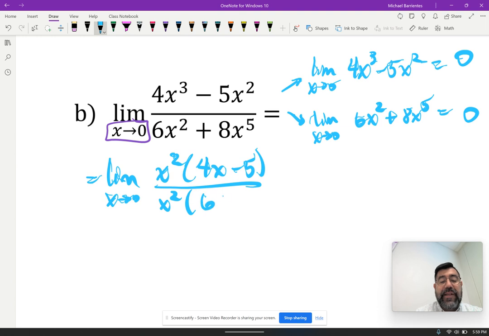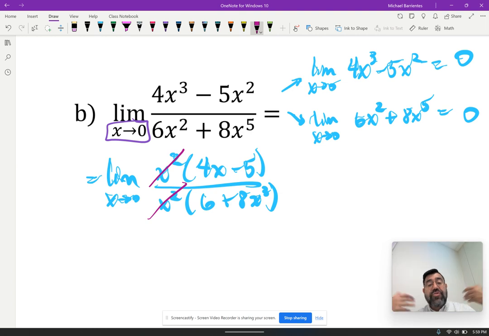And I'm left with 6 plus 8 times x to the third. So it's not that I'm binomial factoring, I'm just factoring out the greatest common factor. Like, what do they have in common? And just like that, I now see I can reduce these x squareds and I can try it again.